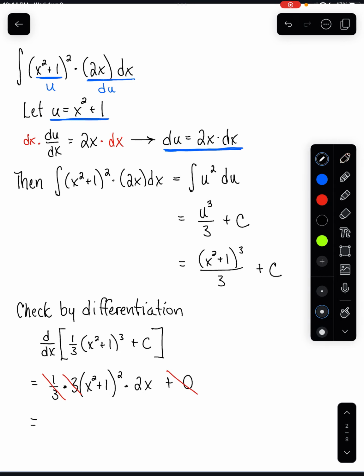So what we have is (x squared plus 1) squared times 2x, which was the original integrand. So this is the correct answer. We checked it by differentiating. This is the antiderivative of (x squared plus 1) squared times 2x. Let's try some other examples.